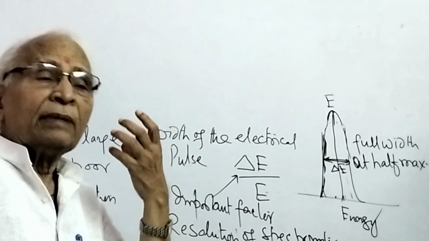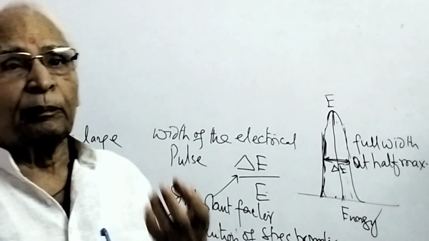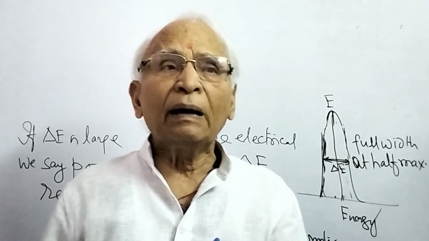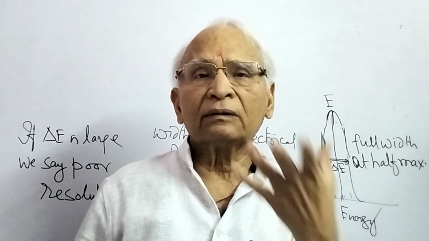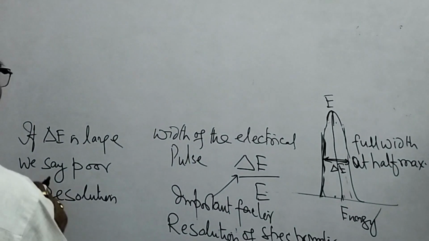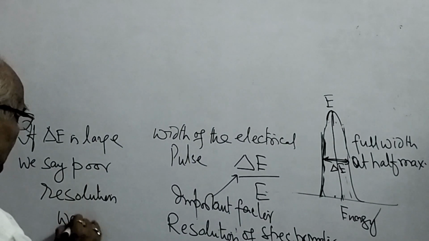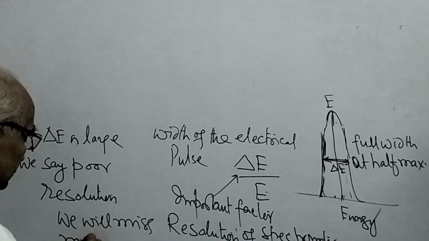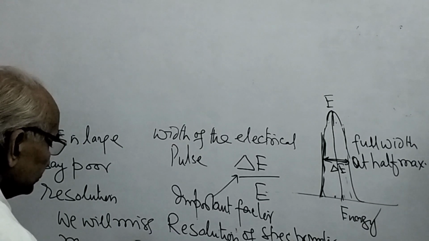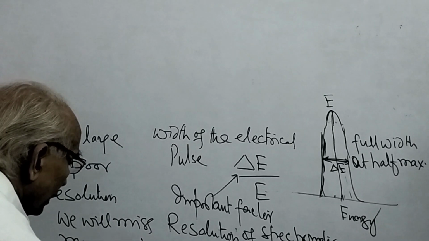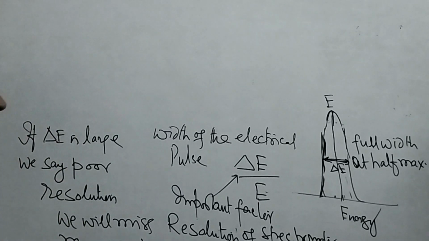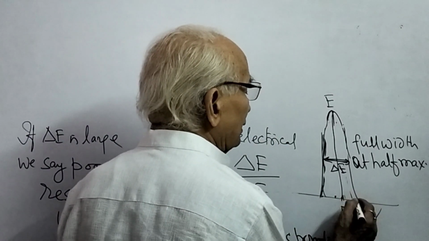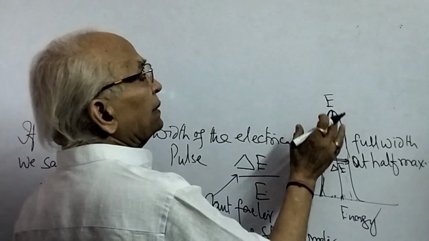But we have to minimize somehow. And that is the important thing in nuclear experimental physics, that we have to reduce this pulse width, delta E. Otherwise, poor resolution, we will miss many nearby gamma rays, because gamma rays will come within this energy and this energy and this energy, they will come inside.